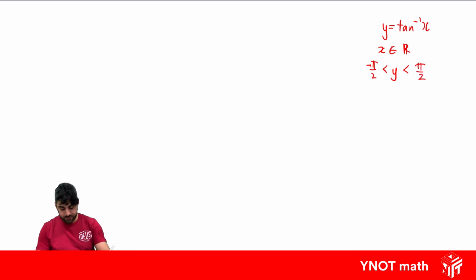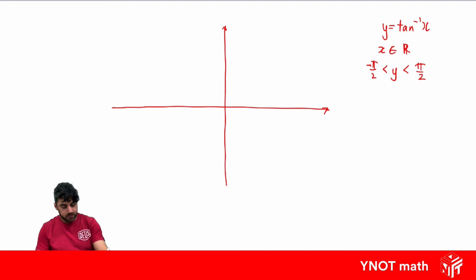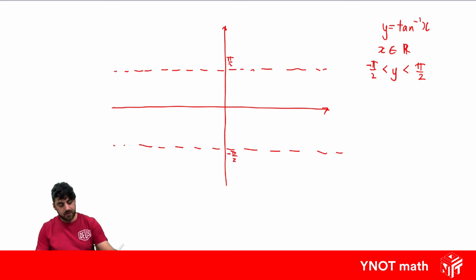If we were to sketch this one out, we need to mark in some asymptotes at -pi on 2 and pi on 2, because it's not equal to it. The asymptotes are at pi on 2 and -pi on 2, and then our inverse tan function is going to look like this.